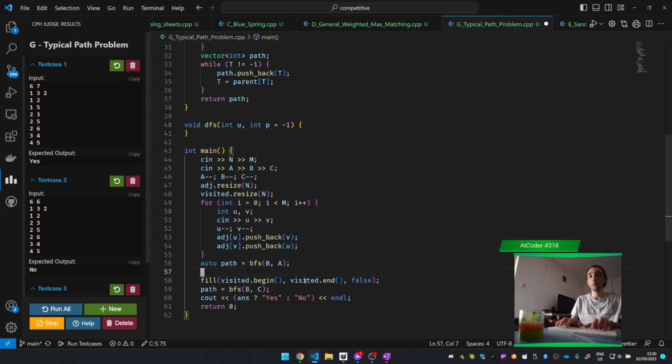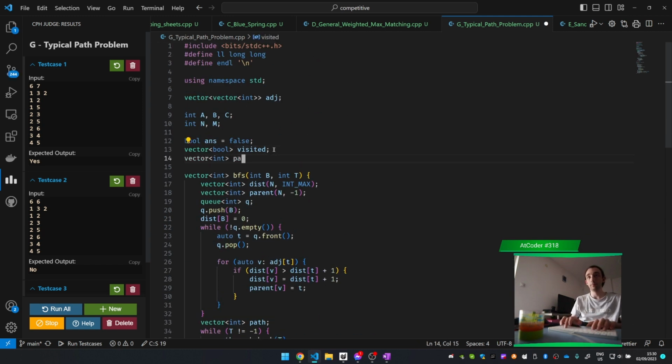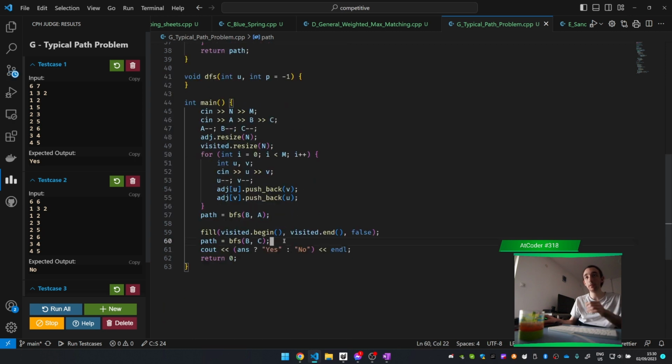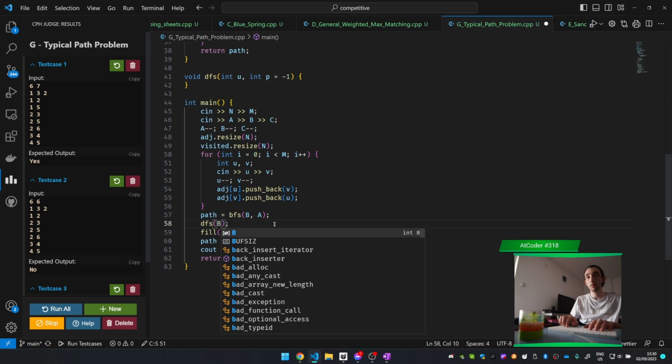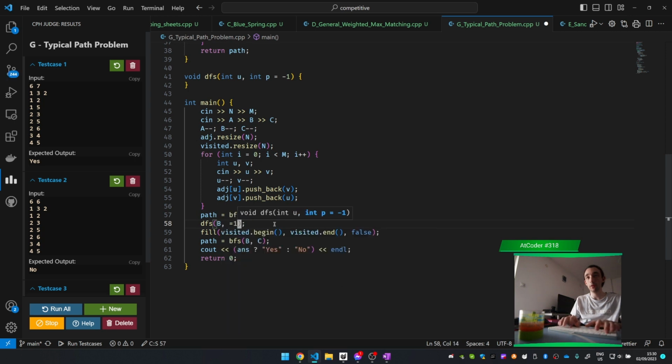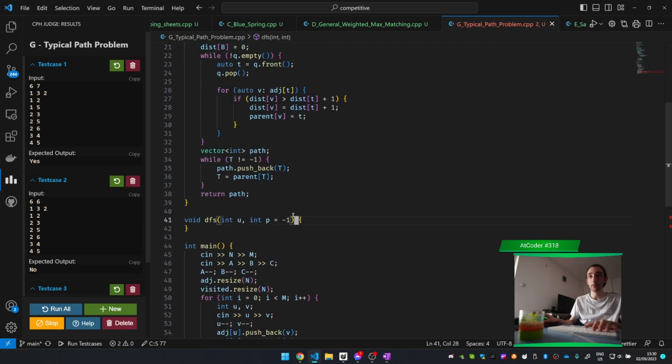And then I want to take the path that it takes to the shortest, something like this, and then DFS from B to C to the target, parent is -1, C, and then here to A, and then the DFS here.